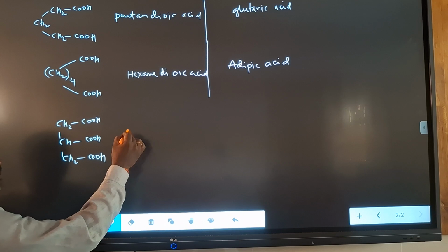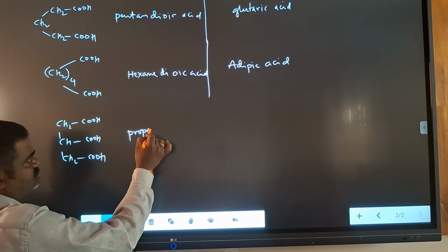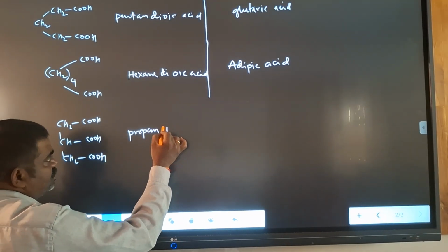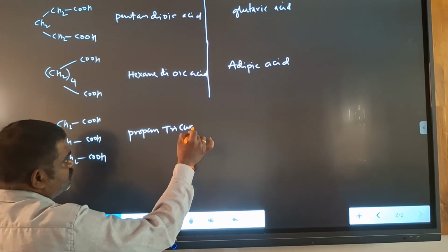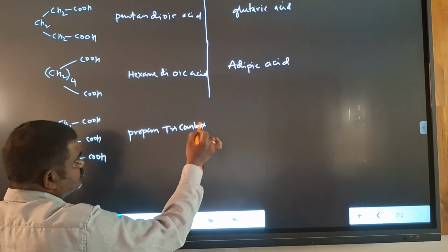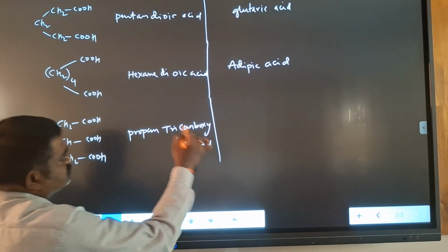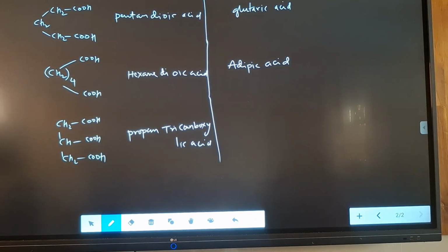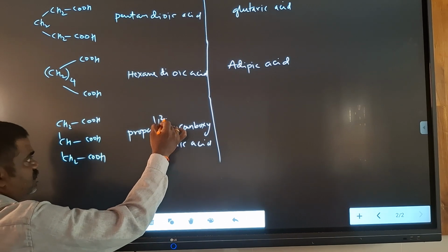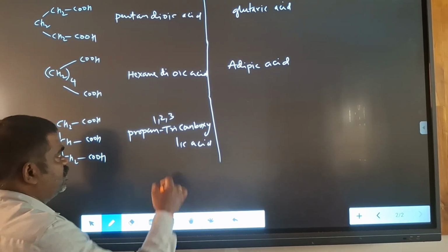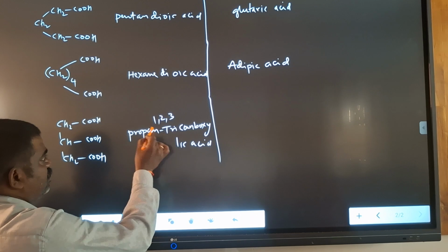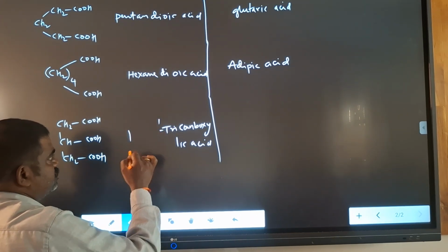Propane tricarboxylic acid. It is also known as propane 1,2,3 tricarboxylic acid.